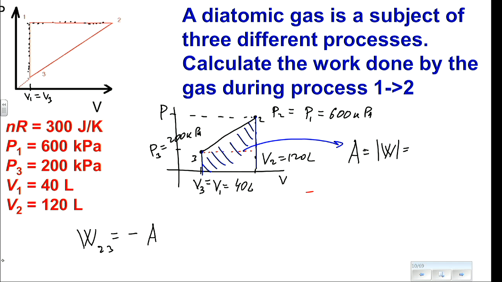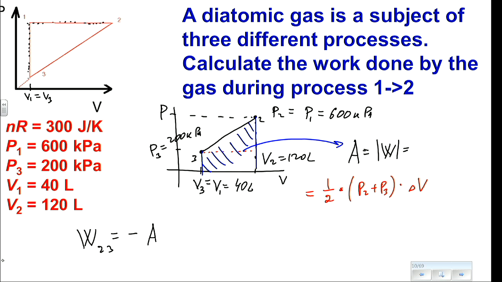So I use the equation for the trapezoid. It should be 1/2 times, algebraically, P2 plus P3, the two bases, times delta V. That's what it is.